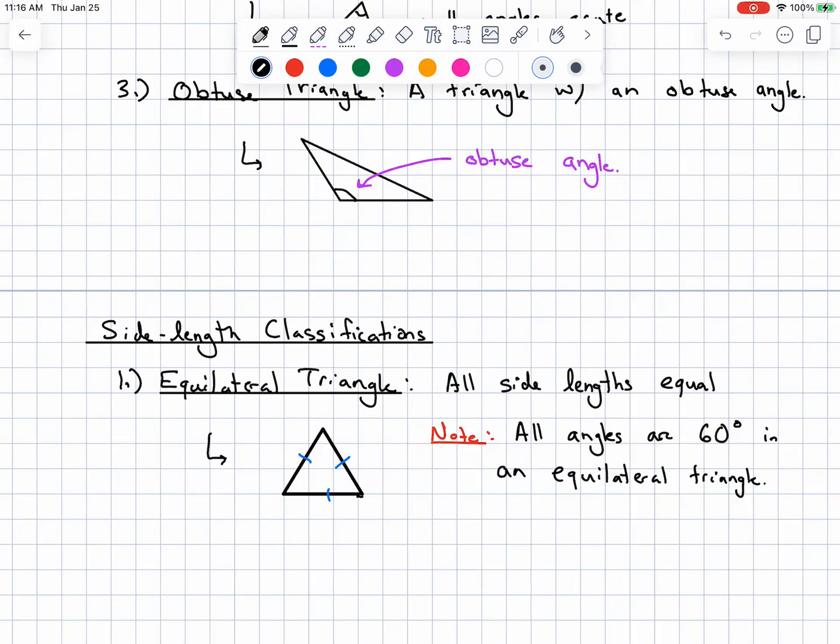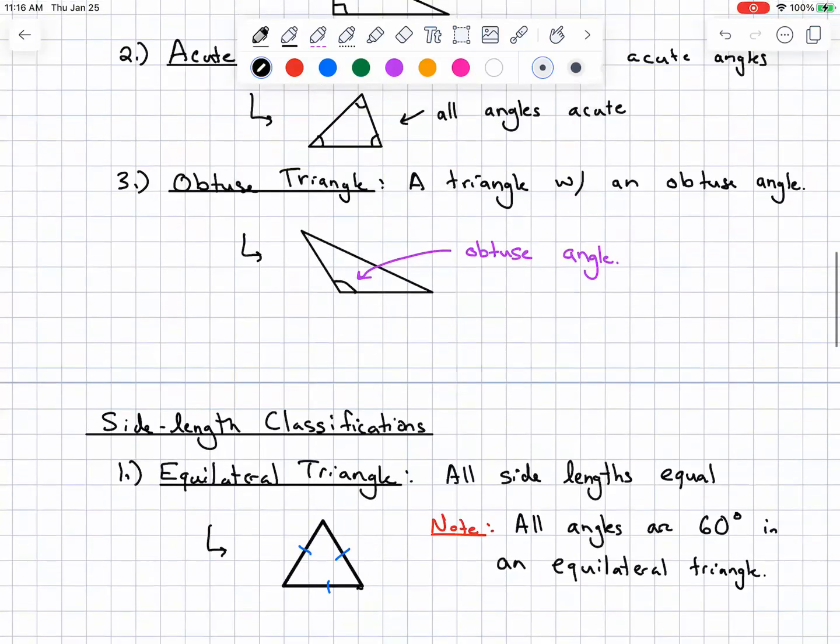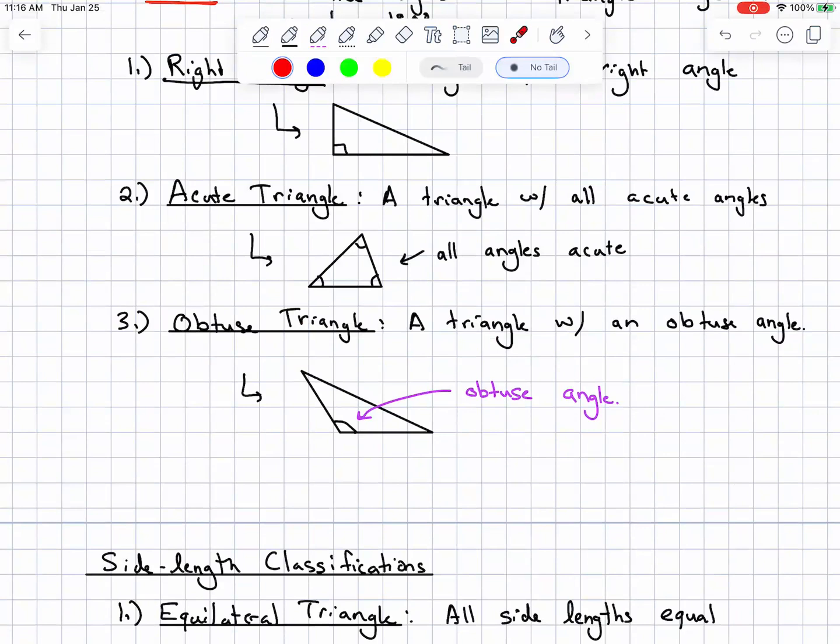An equilateral triangle is an acute triangle because all of its angles are acute. They're all less than 90 degrees. So all equilateral triangles are acute, but not all acute triangles are equilateral. Does that make sense? So you can have this one right here that I drew that was an acute triangle. This one's not equilateral, but it is acute.